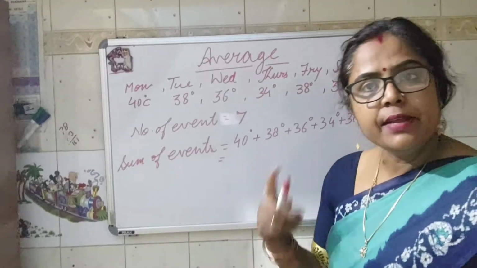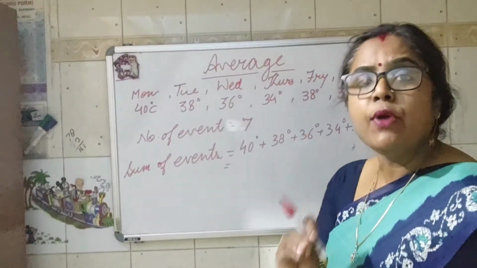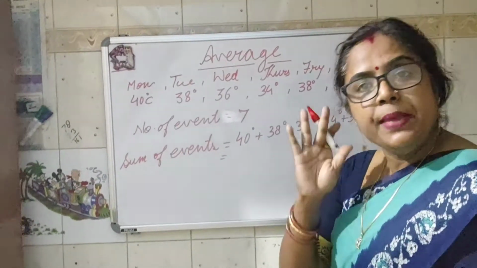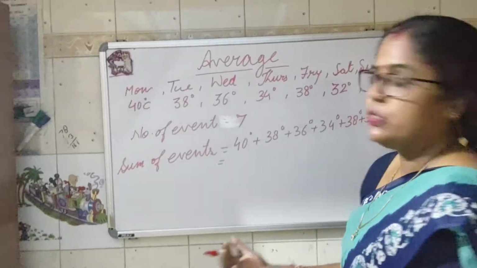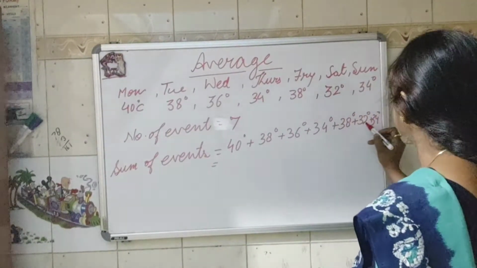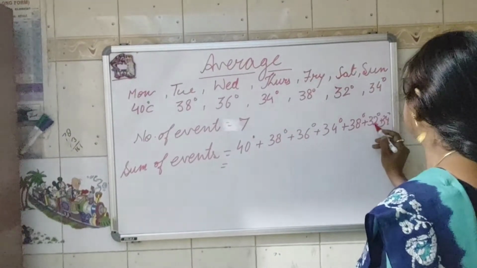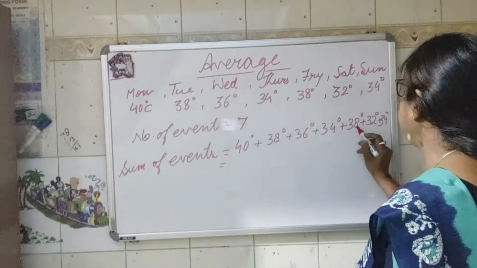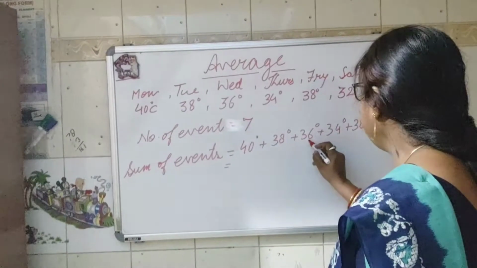If you are not comfortable, make a rough column and do it. Again and again I am repeating, wherever you have doubt, please be sure while making a rough column, recheck it and then only proceed. Okay, 4 plus 2. First we will add the unit place. 4 plus 2 is 6, 6 plus 8 is 14, 14 plus 4 is 18, 18 plus 6 is 24.